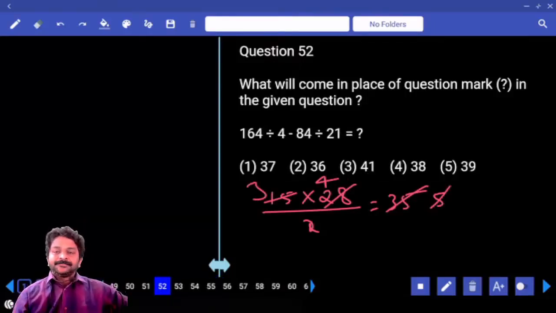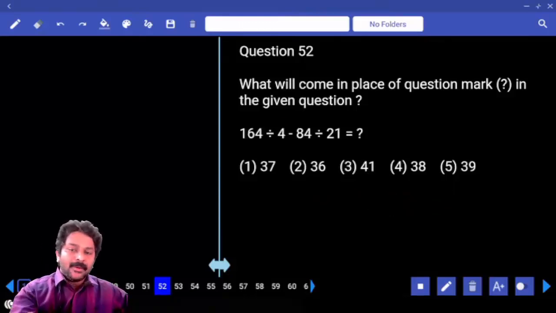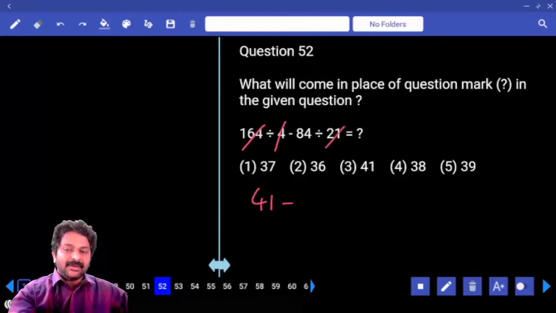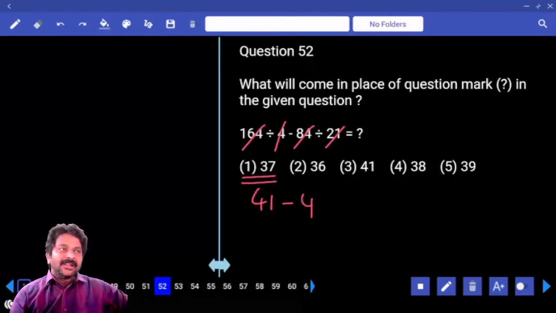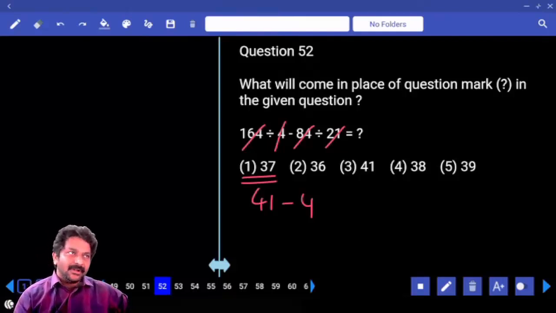Next, come on, directly we can do it. 41 minus 21 how many times? 21 4 times. Answer, last digit 37. Last digit verification is sufficient. 1 minus 4, 7.